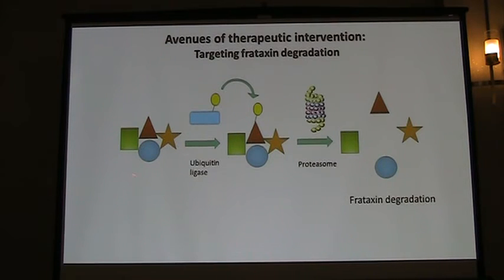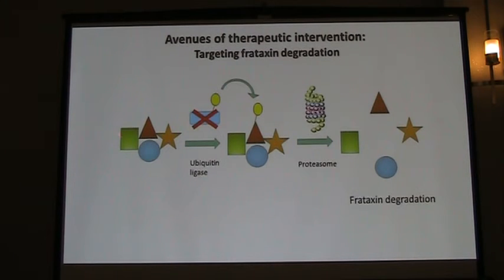There is an enzyme called ubiquitin ligase that delivers a little tag to the frataxin protein. This little tag says, okay, this protein has done its function, now you can destroy it. Then frataxin goes through this process, all of it is degraded, and the components are recycled. So what can we do?